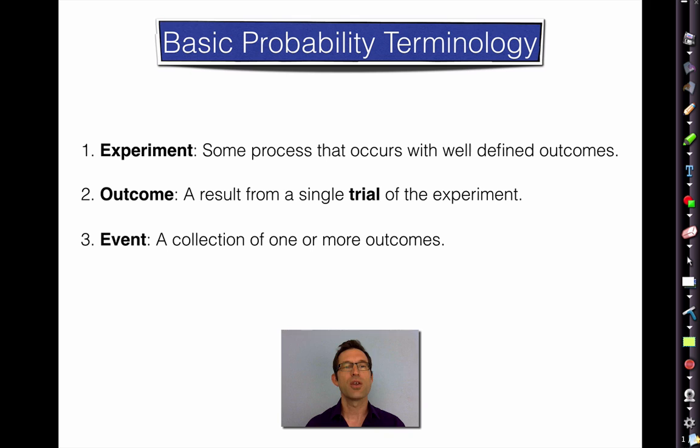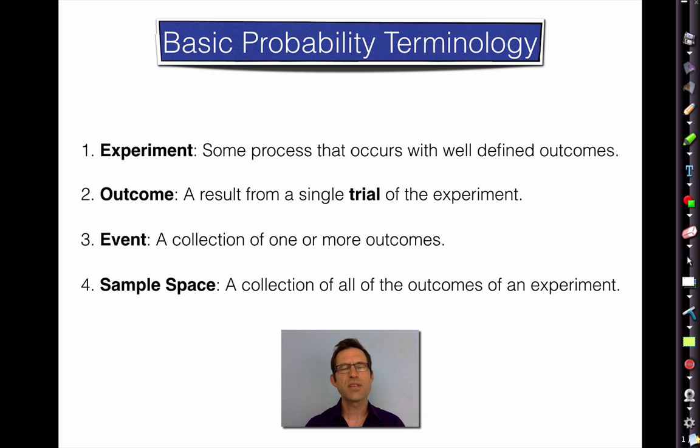In other words, an outcome is just what happens from the experiment, but an event could be a collection of one or more outcomes. And finally, a sample space. The sample space is the collection of all the outcomes of the experiment. A collection of all the outcomes of an experiment is known as the sample space of the experiment.